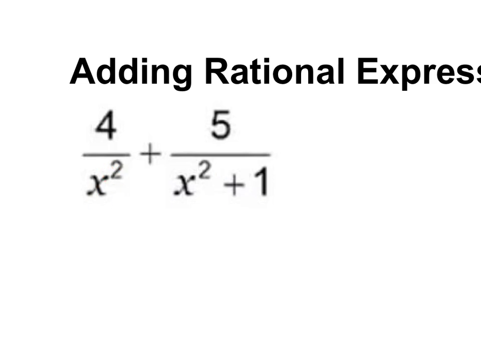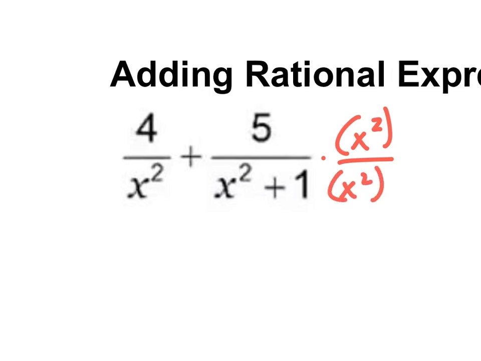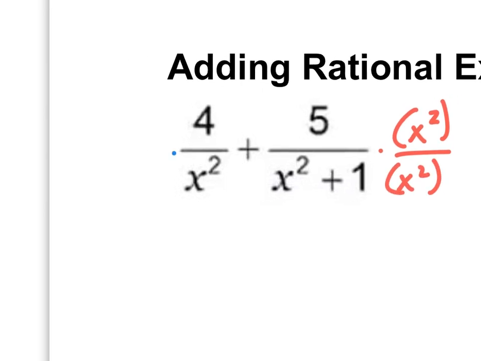So because these don't have any common factors, and we have two completely unlike denominators, I'm going to multiply this entire fraction by x squared over x squared. And then I'm going to multiply this entire fraction over here by x squared plus 1 over x squared plus 1.